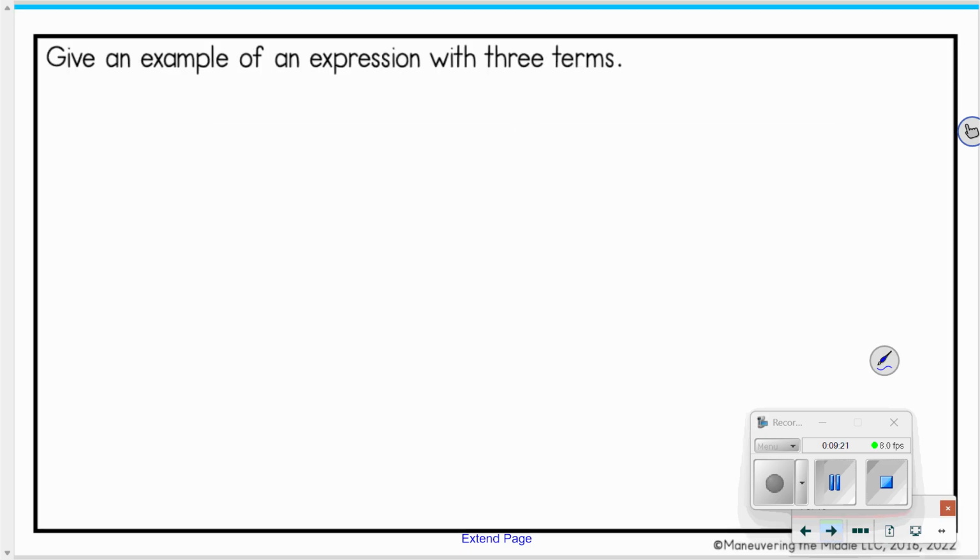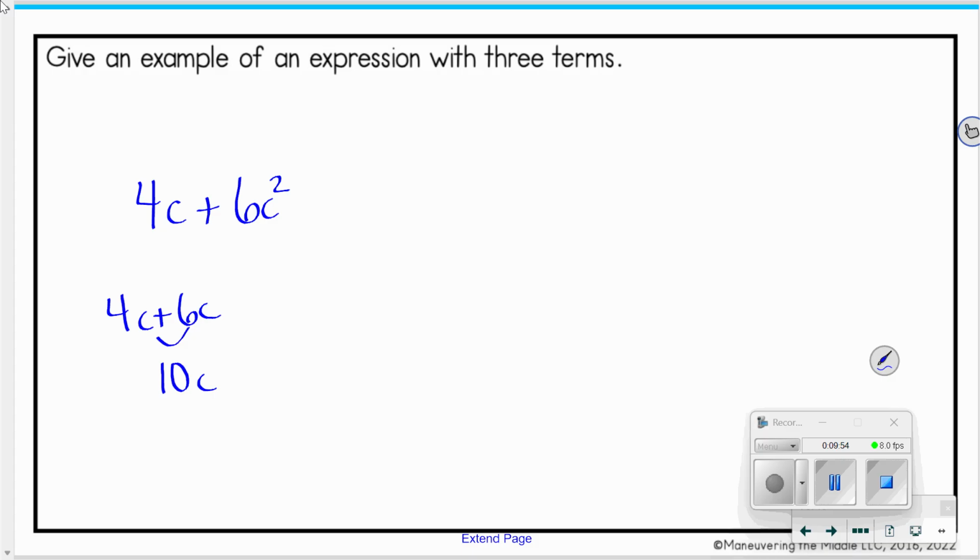Now, can you give me an example of an expression with 3 terms? Kyle? 4c plus 6c squared. Is that a different term? If I have 4c plus 6c, are those different? That's the same as, can I put that as 10c?